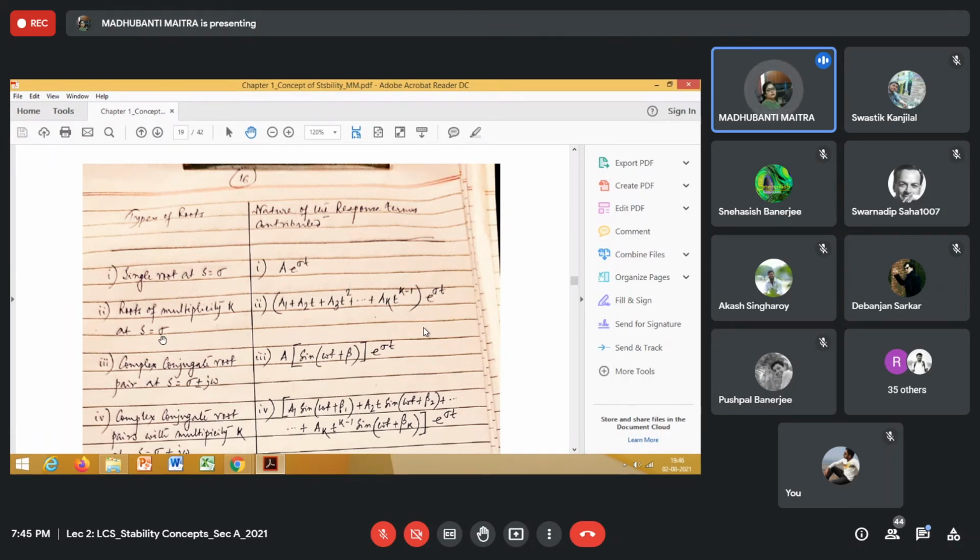In that case, if we do partial fraction and go for a Laplace inversion, then we'll find that c(t) will be equal to A1 plus A2 t plus A3 t square plus dot dot dot Ak t to the power k minus 1, whole multiplied by e to the power sigma t, since the order of multiplicity is k.